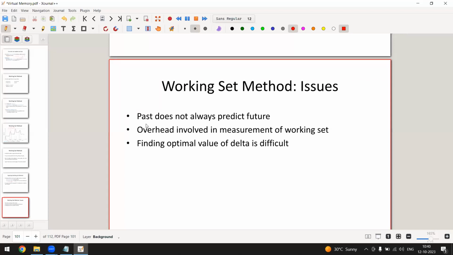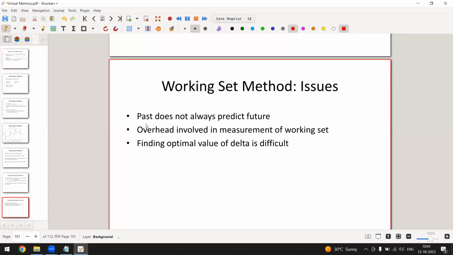But it may be possible that your process does not reflect its past and is changing its references. At that time, this method fails. Also, you have to include the overhead of measuring the working set, and finding an optimal value of delta is also difficult. So these are the issues of working set.